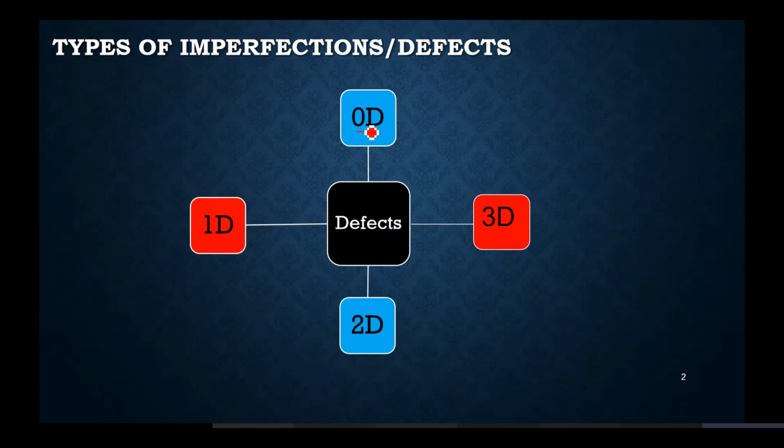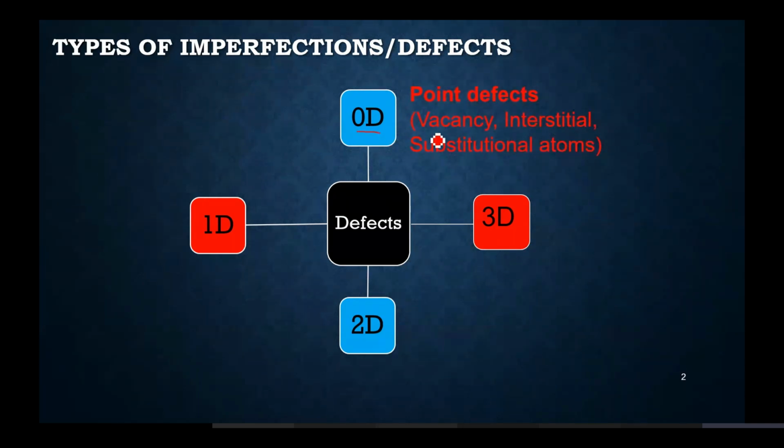Zero-dimension defects include point defects, and within point defects we have different categories: a vacancy, where an atom is missing from the position where it should have been. An interstitial defect, or self-interstitial defect, is a defect where an atom gets entrapped into the interstitial or void space present within the lattice.